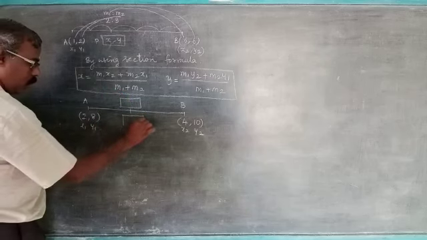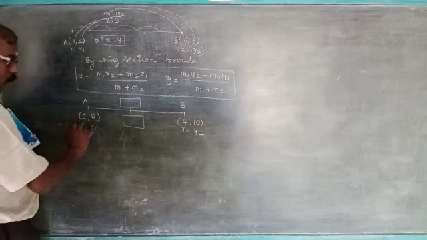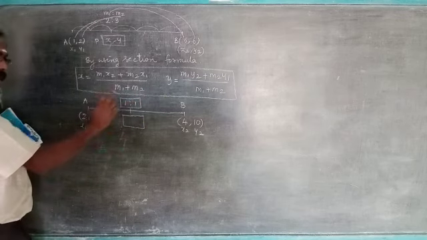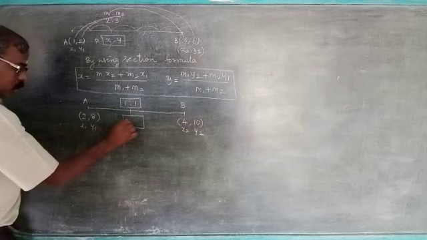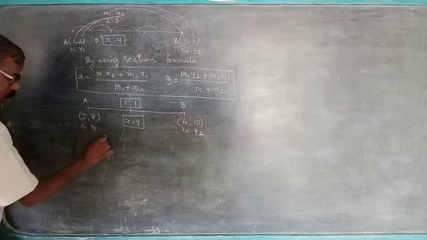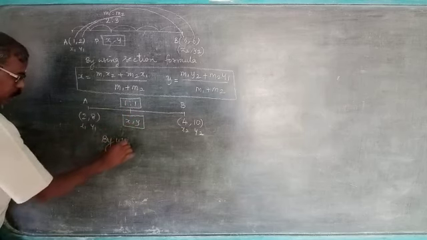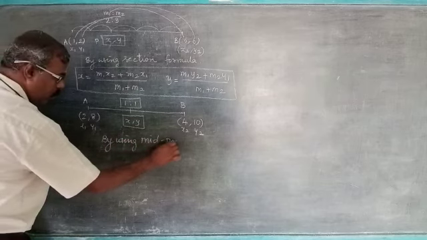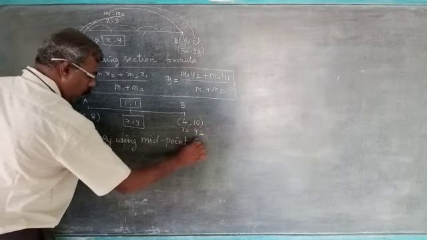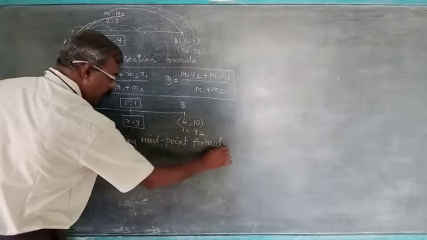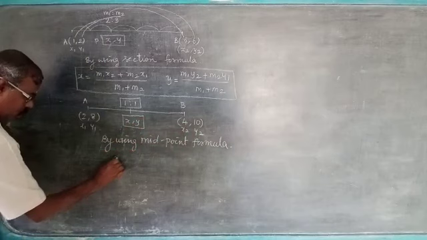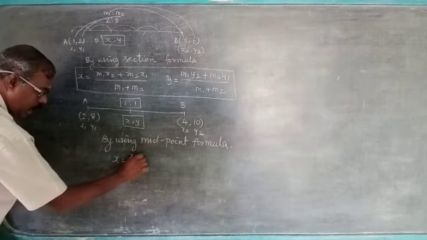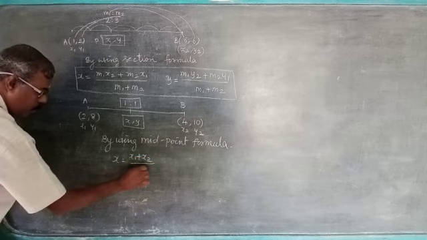If you want to find the coordinate, it is x1 plus x2 divided by 2. Actually this is 1:1, that's why we write 1 plus 1. So x, y can be found by using the midpoint formula. Using the midpoint formula, the value of x is equal to x1 plus x2 divided by 2. Directly we write divided by 2.